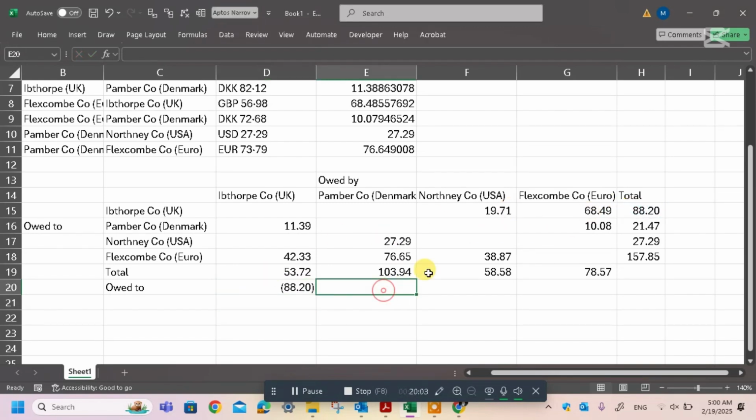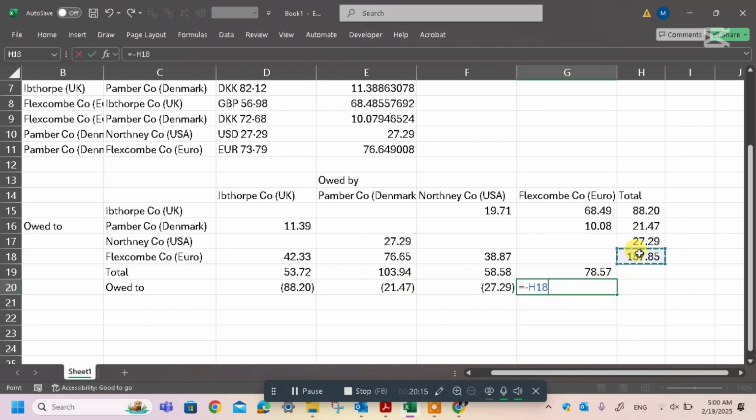P company, how much is it to receive? P company 21.47. 27.29. 157.85. Get the net amount.